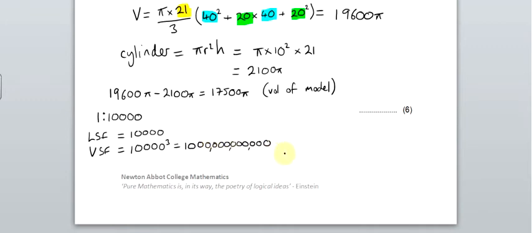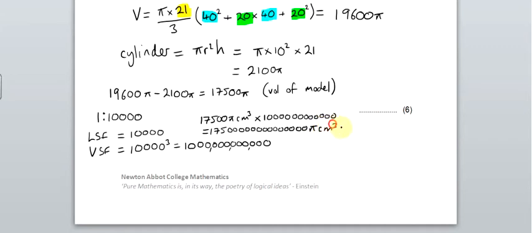So we take the volume of the model, which is that many cubic centimeters, and multiply it by the volume scale factor, and we get 17500 followed by twelve zeros, times pi. Lovely. And that's also in cubic centimeters.